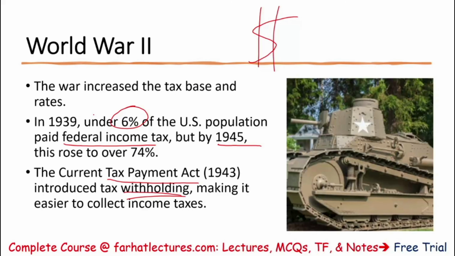When you work for a company, the company becomes the government collector. So rather than you paying the government directly, your employer, the company that you work for, will withhold taxes from your paycheck, making it easier for the government to collect the taxes. It becomes the employer's responsibility to withhold taxes. Now, if you're self-employed, you still have to submit your taxes separately, obviously.